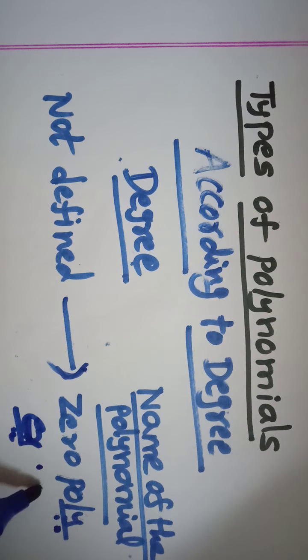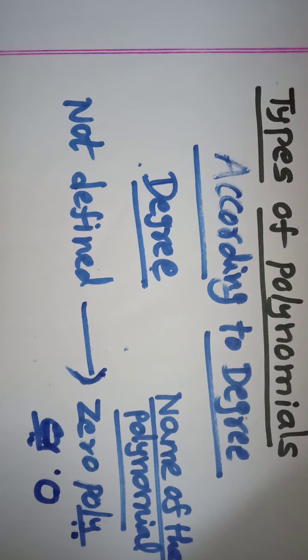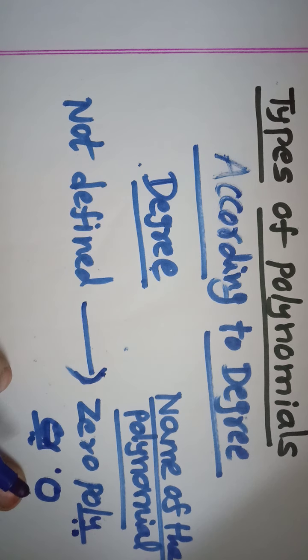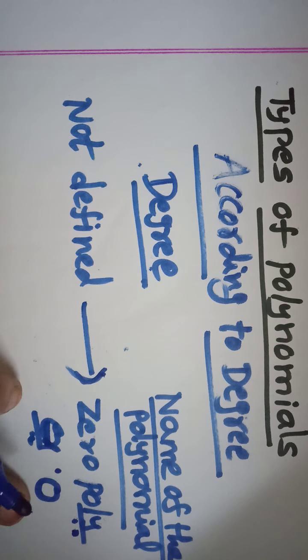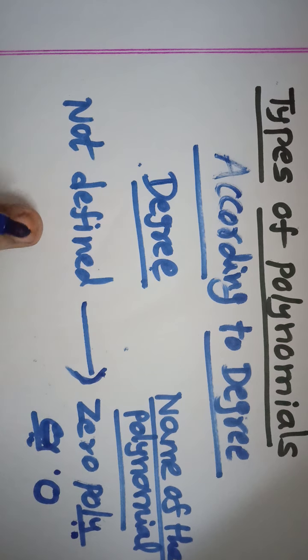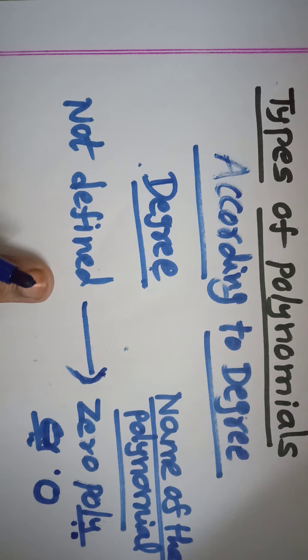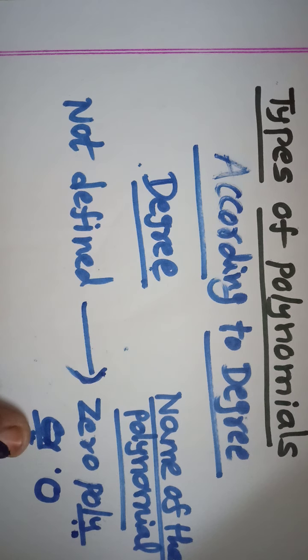Example: zero only. Suppose you take the number zero, here the degree is not defined, since there is no variable. 0 into x power 0 is also 0. So the degree is not defined for this polynomial.